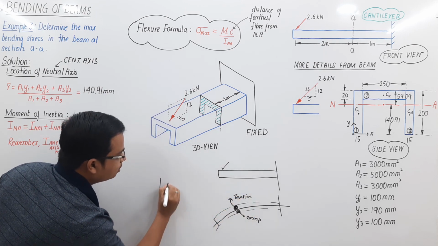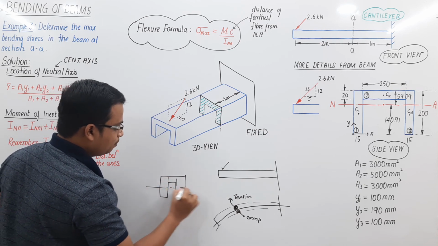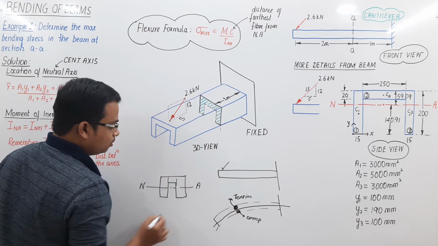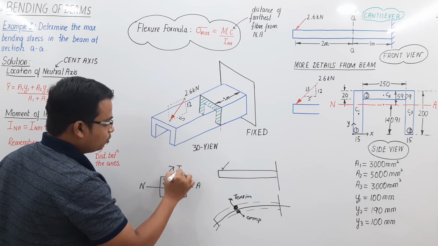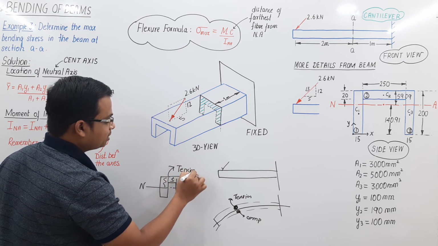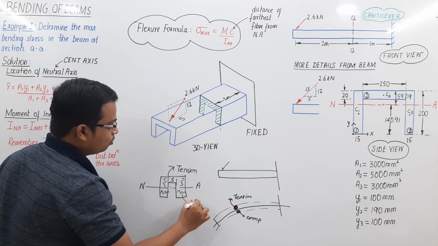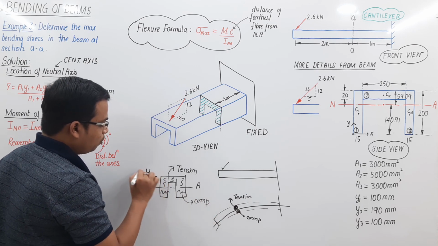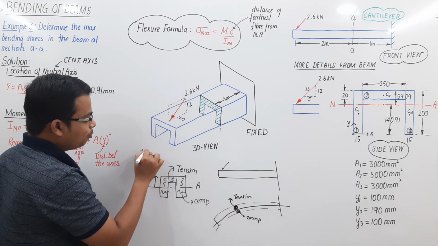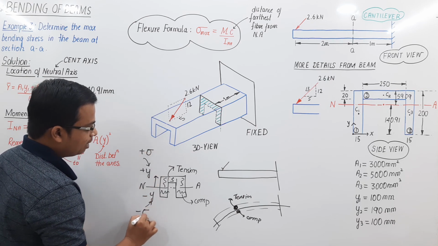Similarly, if you take a look at this from the side view, the portion of the beam above this neutral axis will be undergoing tension. All the fibers are being extended, whereas the portion of the beam below the neutral axis is going to undergo compression. Which essentially means, for all positive values of y, you are going to get a positive value of stress, and for all negative values of y, you are going to get negative values of stress.